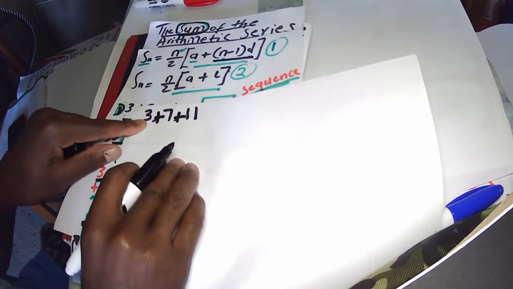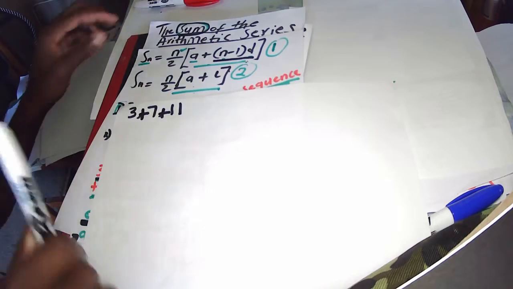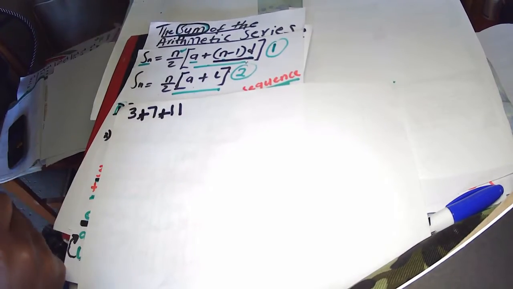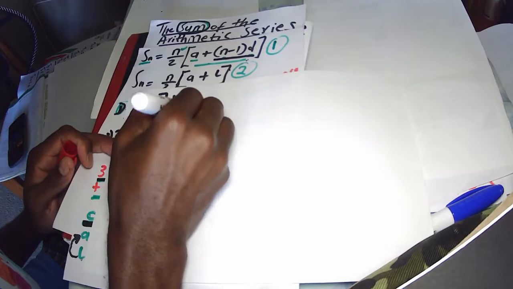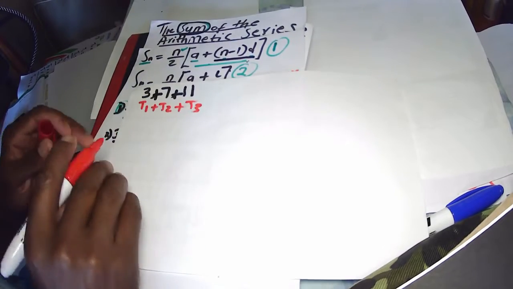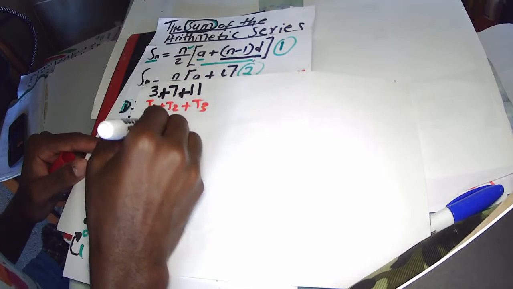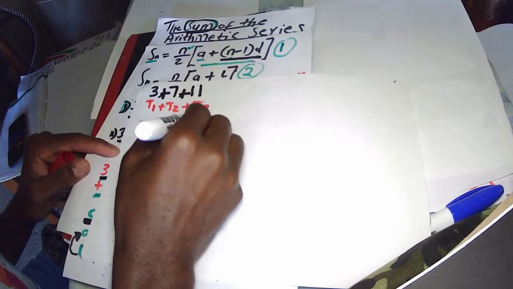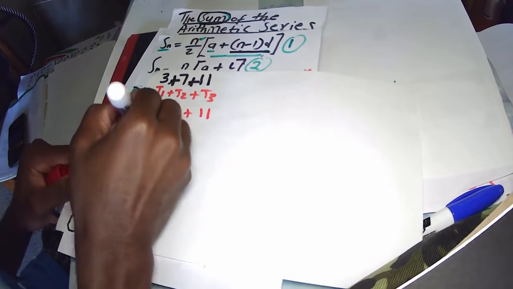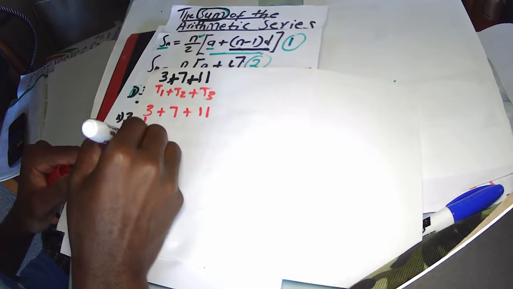We have 3 plus 7 plus 11. This is T1 plus T2 plus T3.